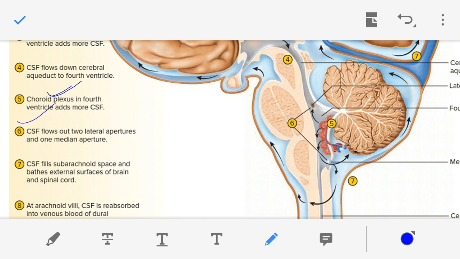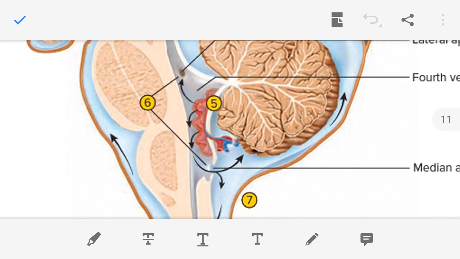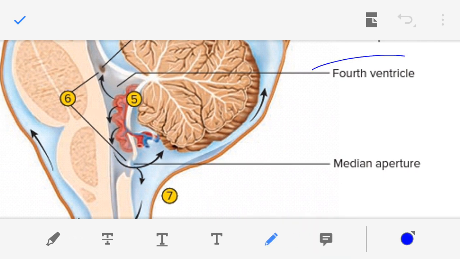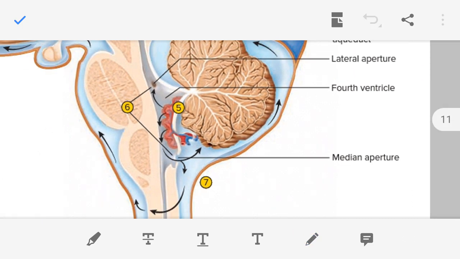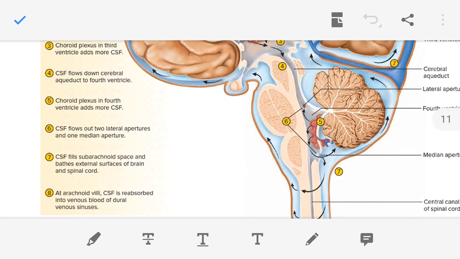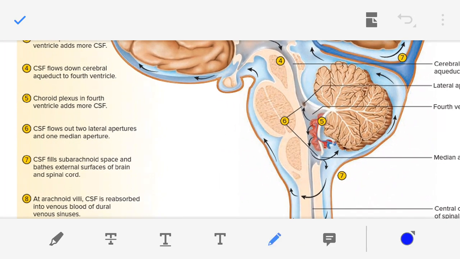See here, this one is the fourth ventricle. So this fourth ventricle's choroid plexus is also producing CSF. So this is the CSF they are showing.